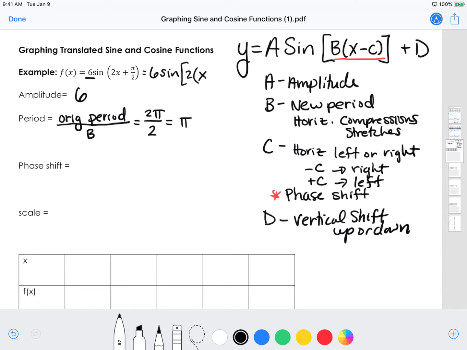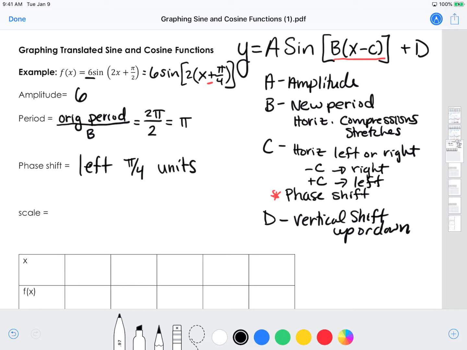So what's left over on the inside is x. When I take a 2 out of the pi over 2, I'm taking pi over 2 and dividing by 2, which will give me pi over 4. So my value of c tells me, since this is a positive here, I know that my whole graph is going to be moving left pi over 4 units.